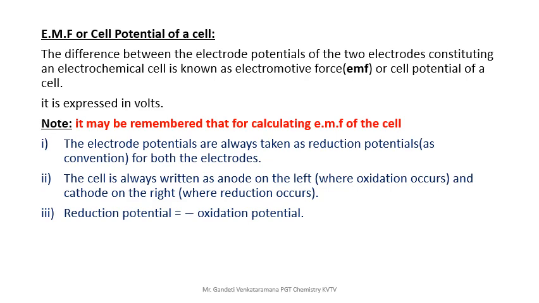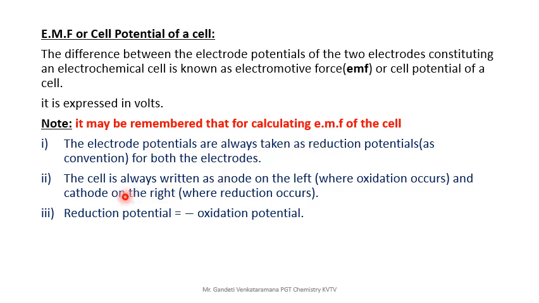The electrode potentials are always taken as reduction potentials. As per the convention, for both the electrodes, whether oxidation or reduction, generally we take reduction potentials only. Electrode potential means we take reduction potentials.